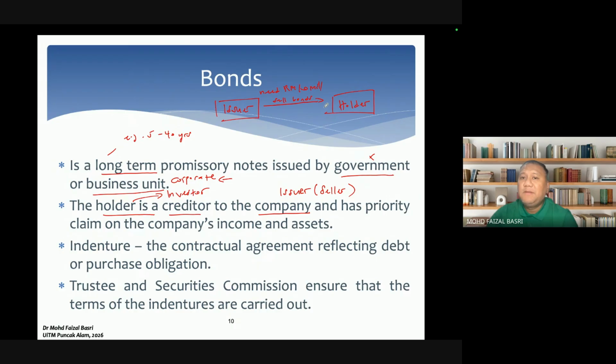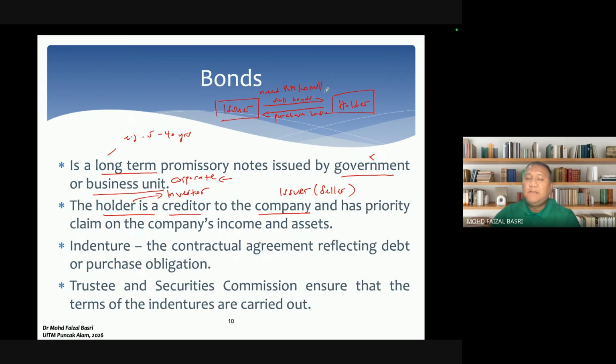So, duit daripada holder ni akan channel to the issuer. So, they gonna purchase the bond lah. So, issuer jual, holder beli. So, in return, issuer akan bagi certificate kepada holder, holder akan bagi cash dekat issuer. So, that's how they exchange the transaction lah. Satu bagi certificate, satu orang lagi ataupun satu pihak lagi akan bagi cash.